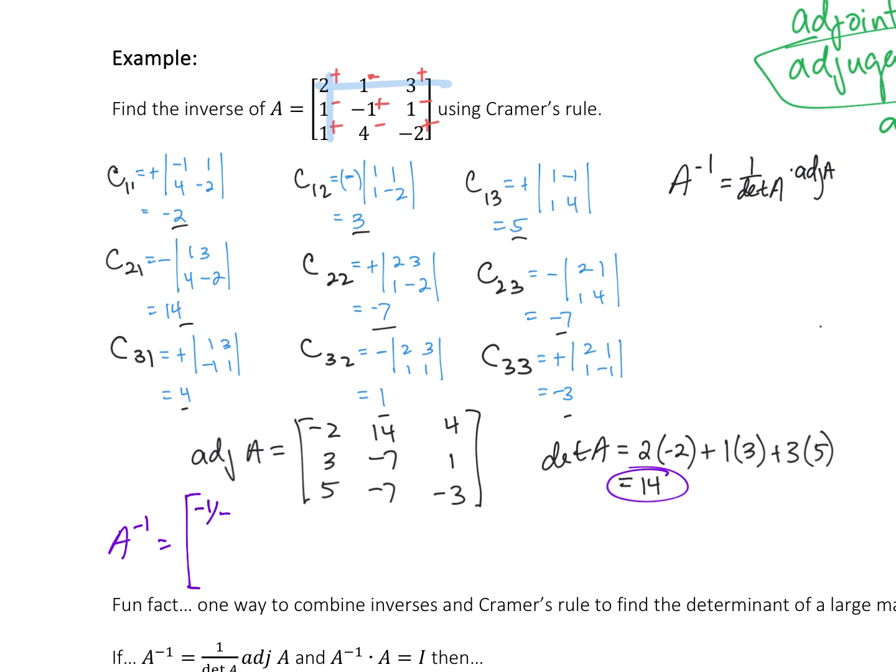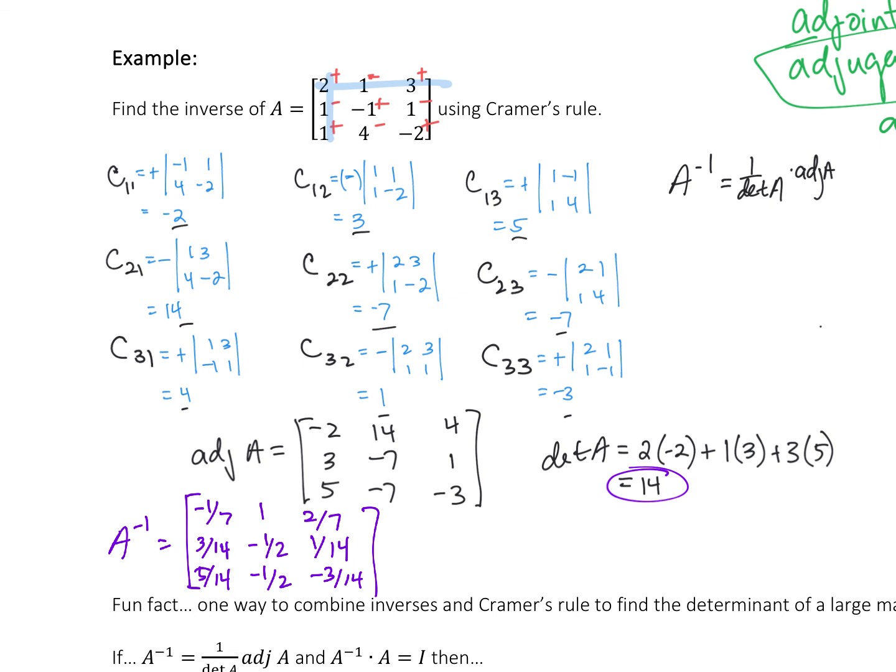So I get -1/7, 1, 2/7, 3/14, -1/2, 1/14, 5/14, -1/2, and -3/14. And there we go. There is our lovely, lovely inverse matrix.